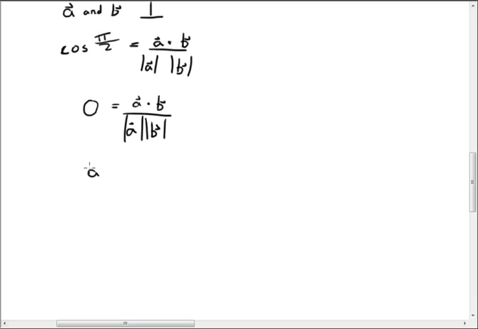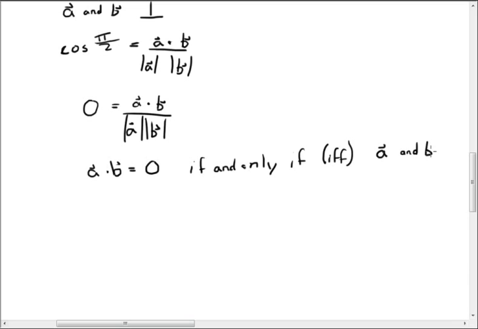Well, the thing in the denominator can be cross-multiplied, so A dot B is equal to 0 if and only if, and you'll see this abbreviated somewhere as IFF, A and B are perpendicular.